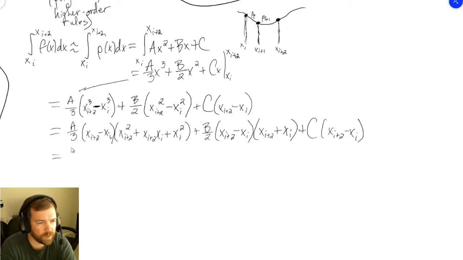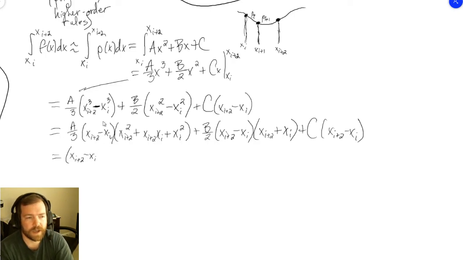Okay, and then remove x sub i plus 2 minus x sub i, and we can factor out a common factor between them, and that's going to be a 1/6 at the bottom.